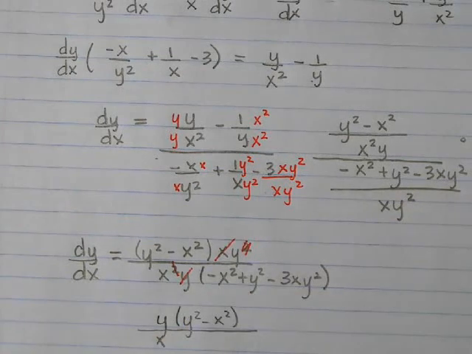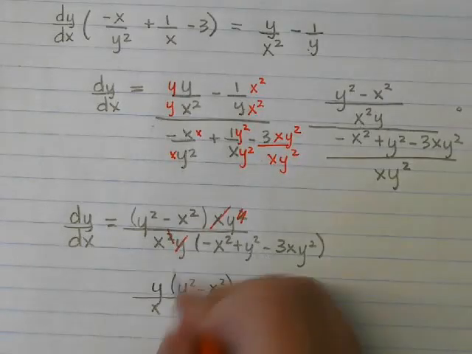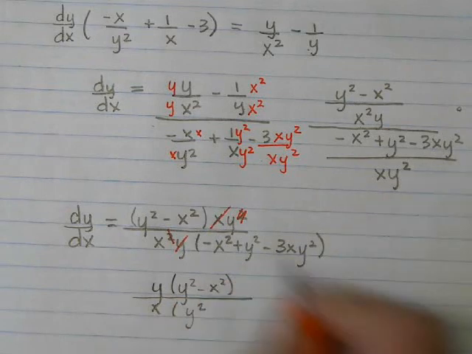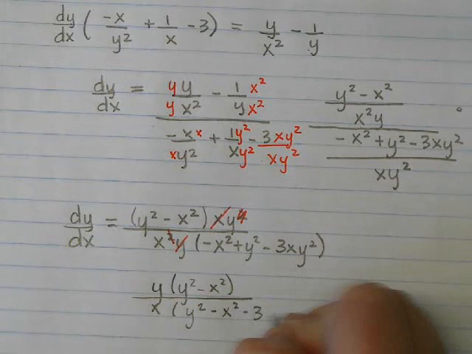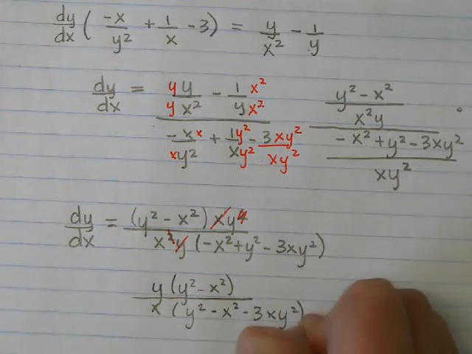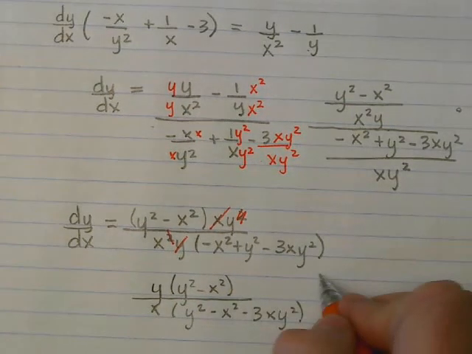Let's just move that to the front because it's positive. So y squared minus x squared minus 3xy squared. And there it is.